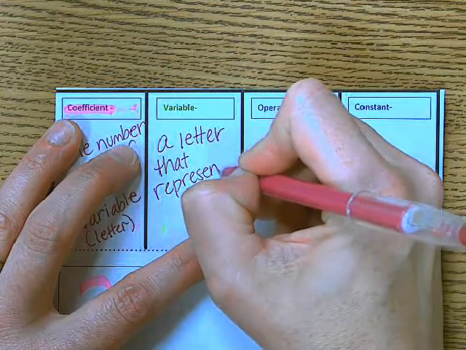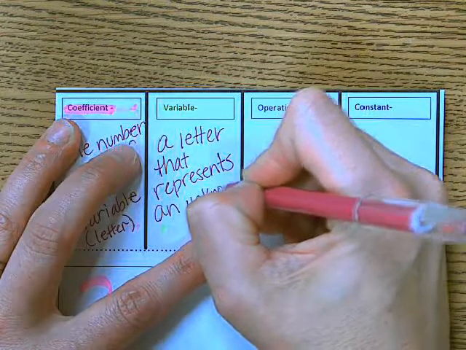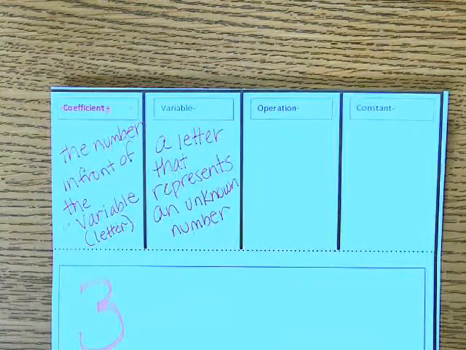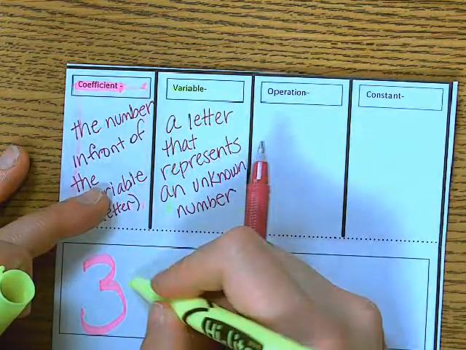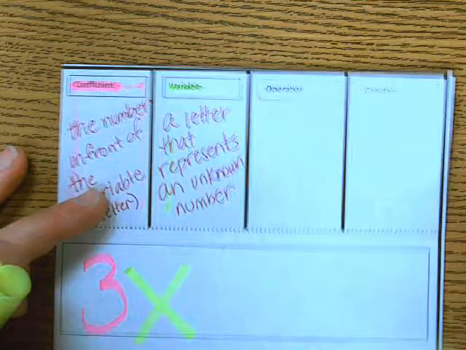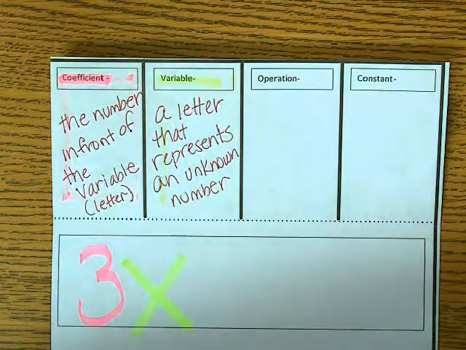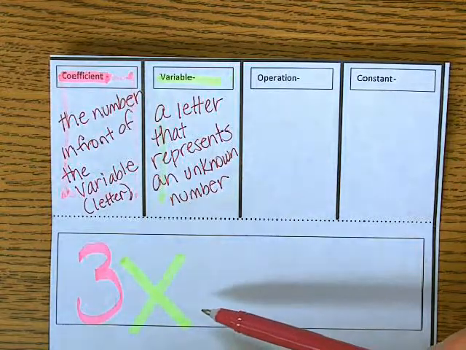Okay, so we have x. Three x. 3 is the coefficient, x is the variable.